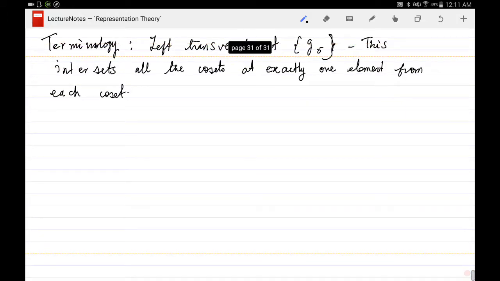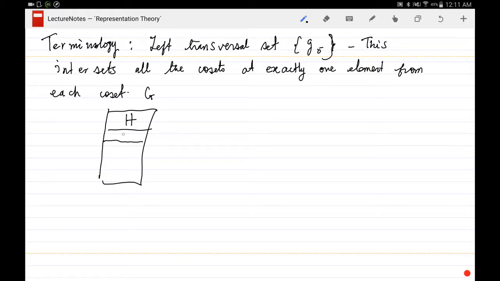So pictorially, what I mean by this is, let's say that we have a group G, which I represent by a box, and then we have the subgroup H, and then we have these cosets, and so on. We can form a set S, which will have xi, xj, and so on.